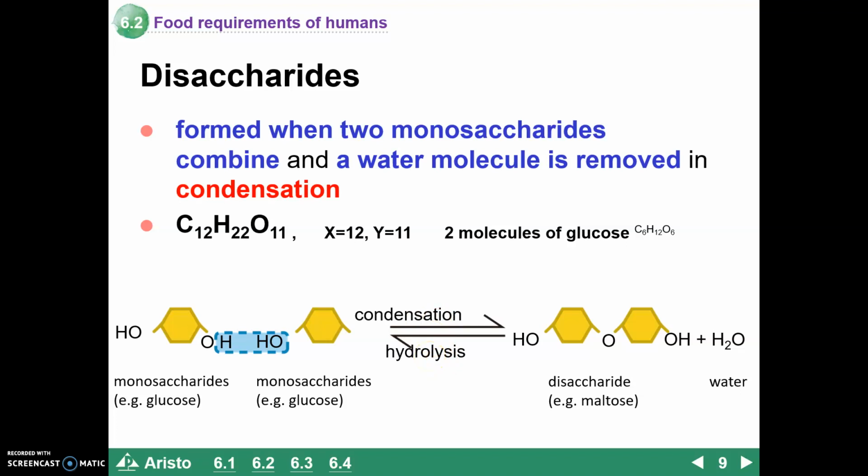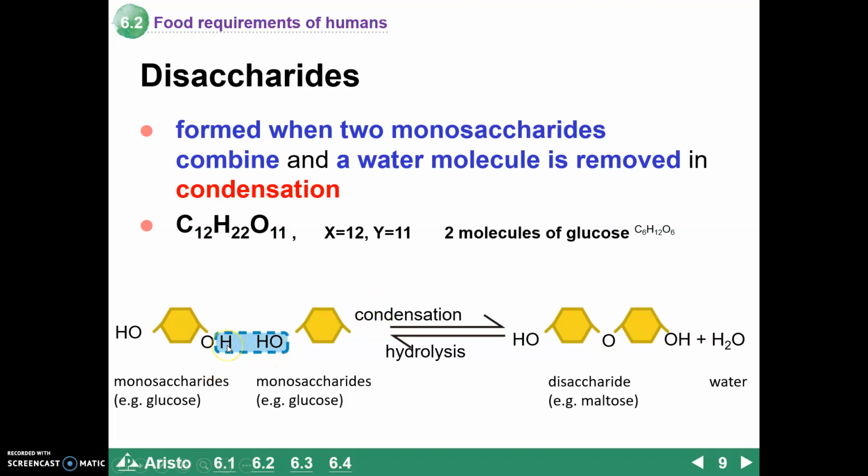And look at this reaction. Two monosaccharides join together by condensation reaction. Of course, a specific enzyme is required, and that enzyme is actually the same enzyme as before, and it can catalyze both the forward and backward reaction.